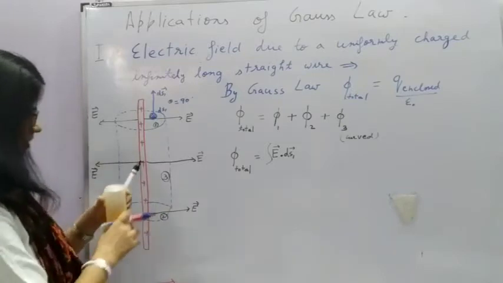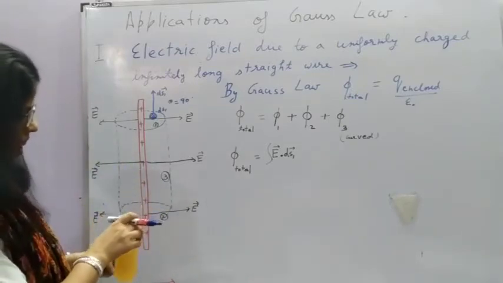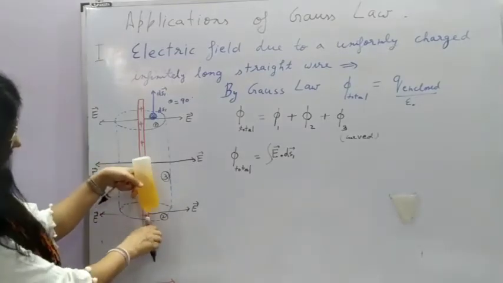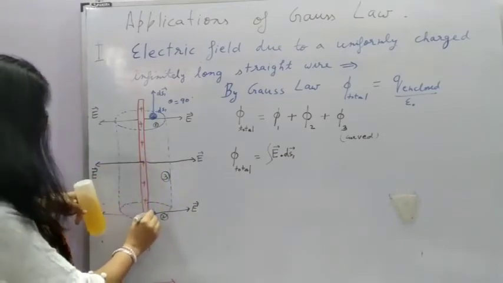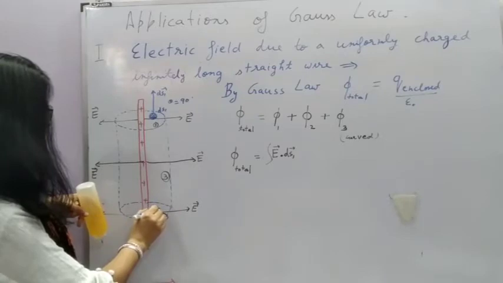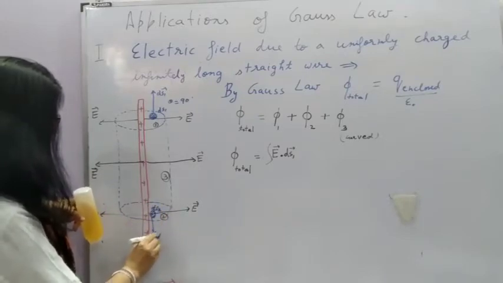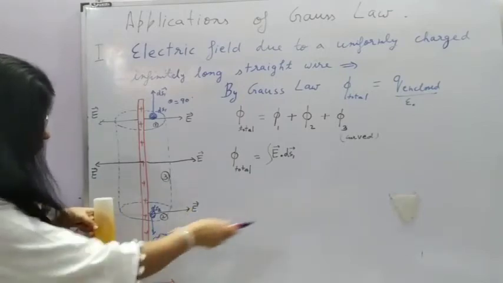The second surface is the base. Its area vector will be normally outward to this surface. So look at this surface, this will be the area vector. If ds2 is the small surface area taken on the base, then this vector gives the direction of the ds2 vector. And we know that the electric field is outward from the wire.